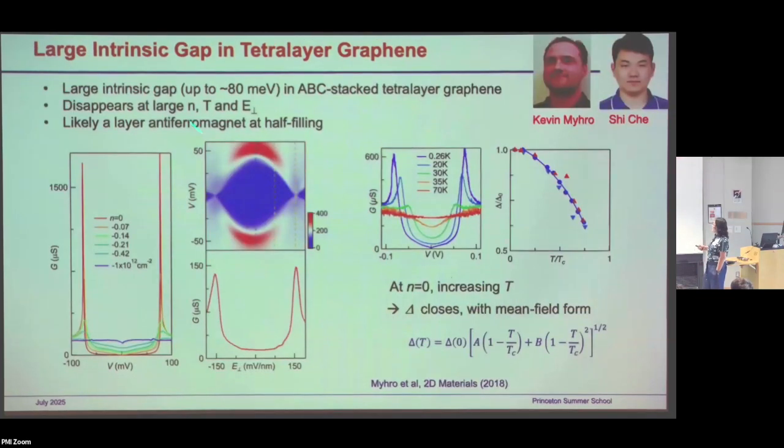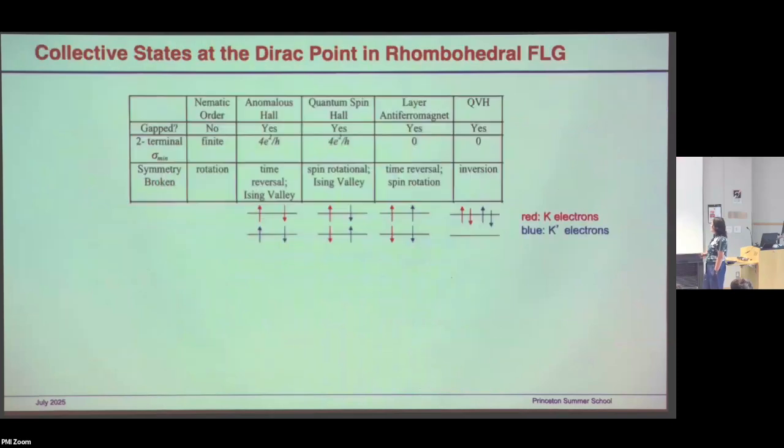We go to four-layer graphene. Now it's 80, the same thing but a larger gap, 80 milli-electron volt. What's this state?